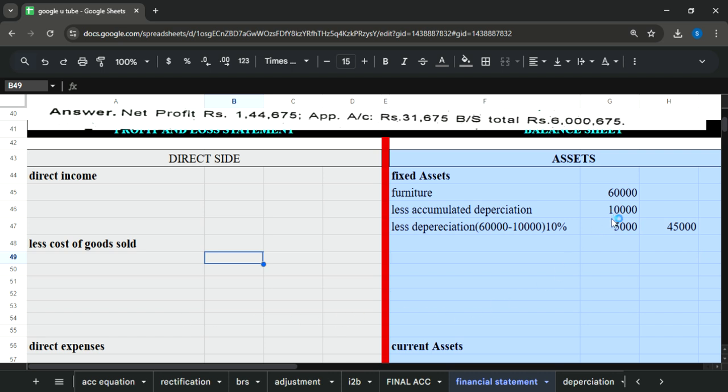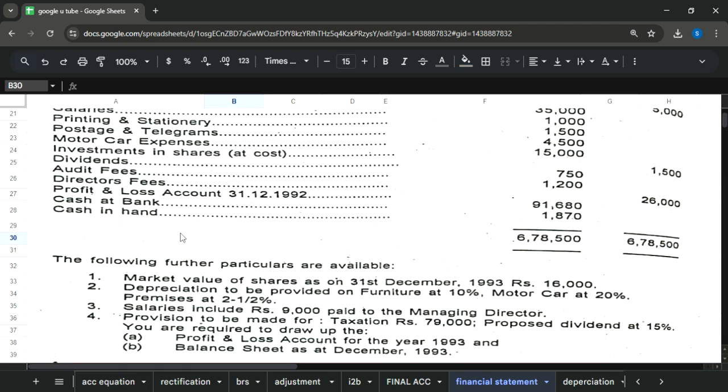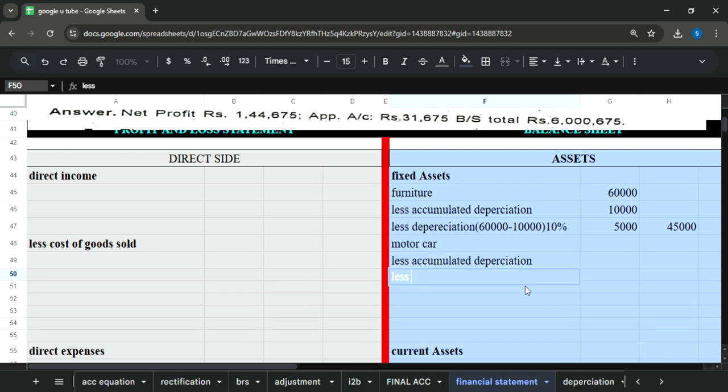So 10,000 is written once, but this 5,000 is subtracted from the asset side, and it is also presented in operating expenses. So guys, the same way we will be applying depreciation for the motor car as well. For that, let's see how much the motor car original is, then accumulated depreciation, and then we will be calculating current depreciation.